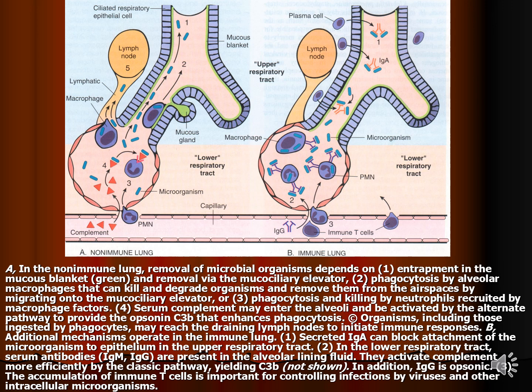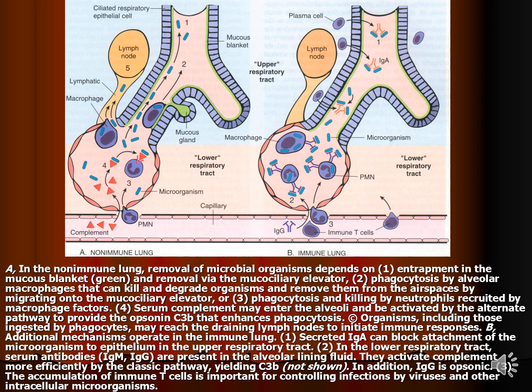So, what happens in the immune lung? The first one: secreted immunoglobulin A can block attachment of the microorganism to the epithelium in the upper respiratory tract.